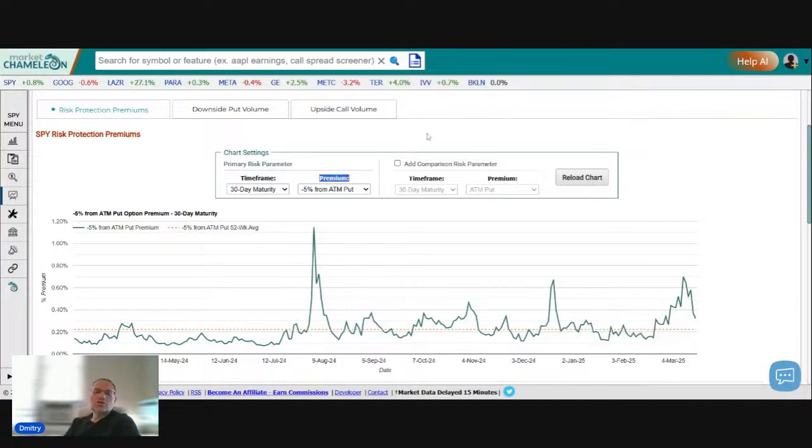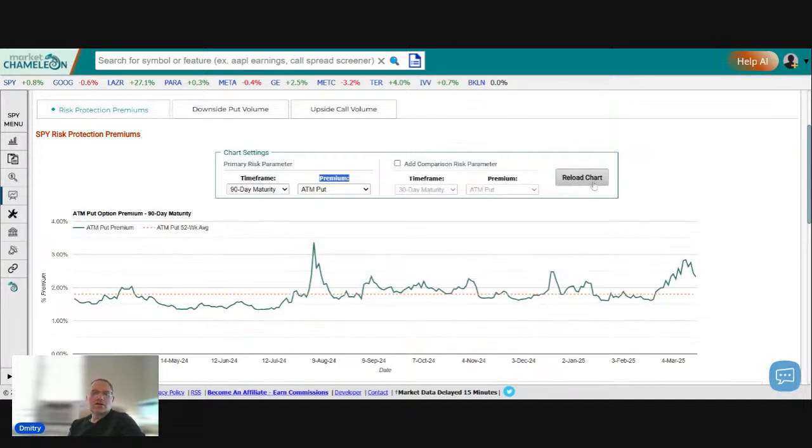So of course we could change this time frame to 60-day, 90-day, and 120-day. Let's first go back to the at the money option, and let's look at a 90-day time to maturity. So this is a 90-day constant maturity option, an at the money put.